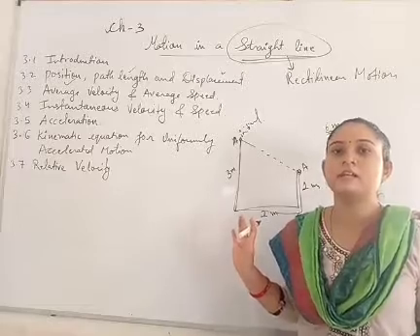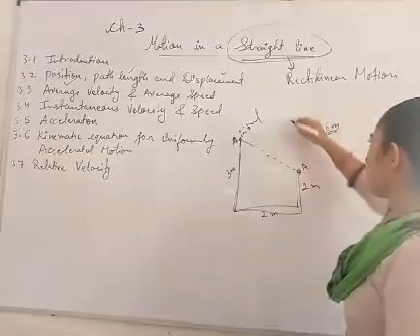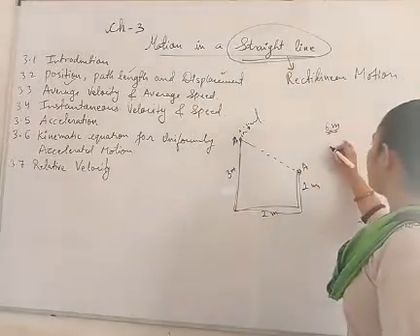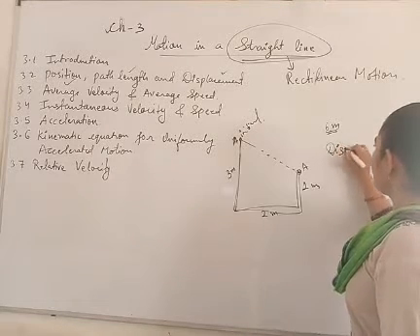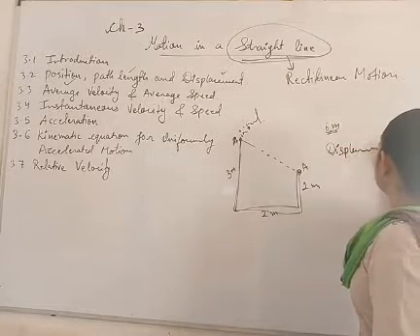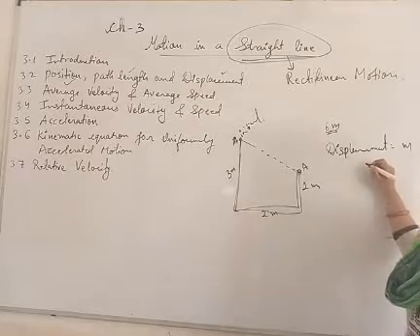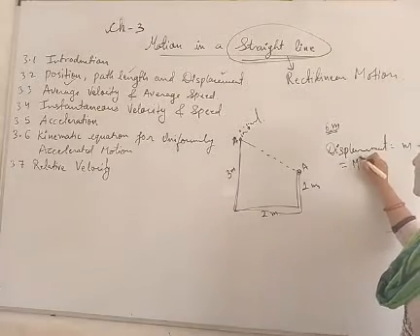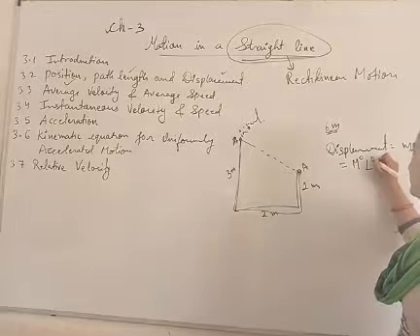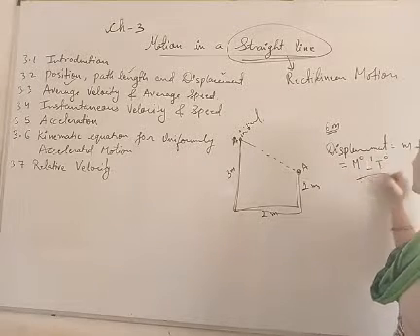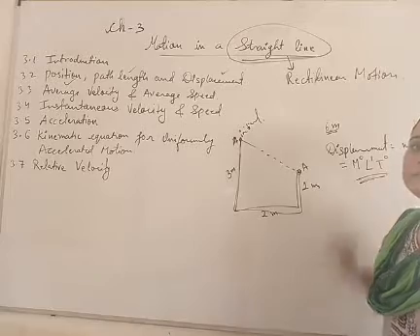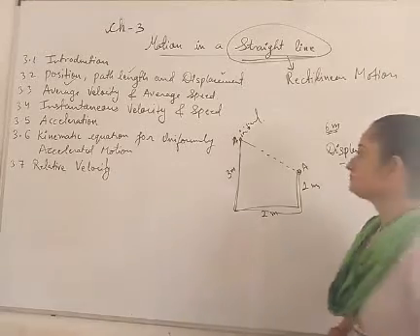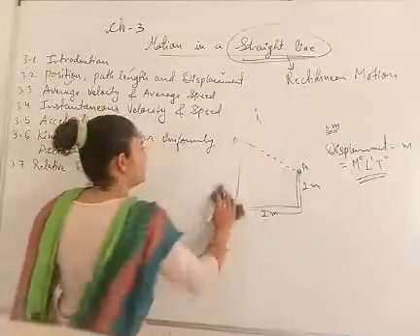Its SI unit is meter, and its dimensional formula can be written as mass is not there, so M0, length is meter, L1, and T0, that is M0 L1 T0. Clear?